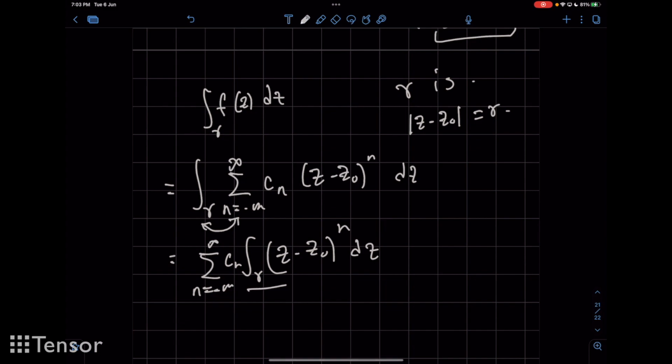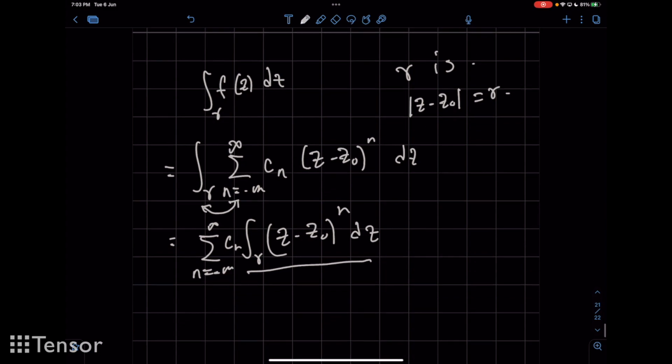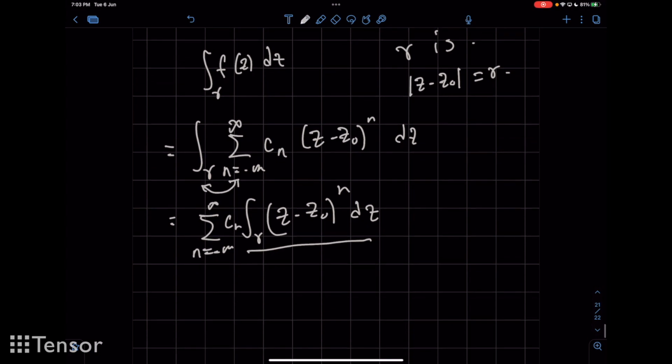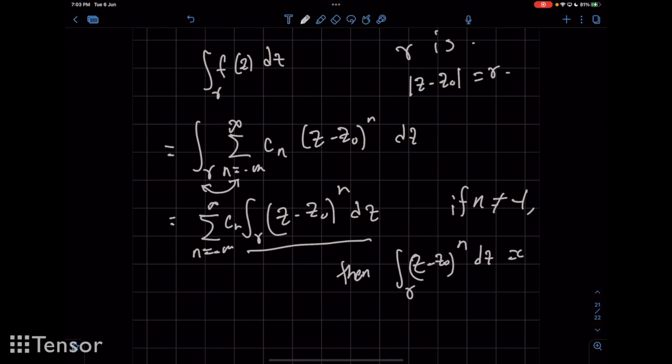We have done integrals like this in today's class, right? We have done the integral of z^n over the unit circle. We get that if n is not -1, then the integration of (z - z0)^n over gamma is 0.